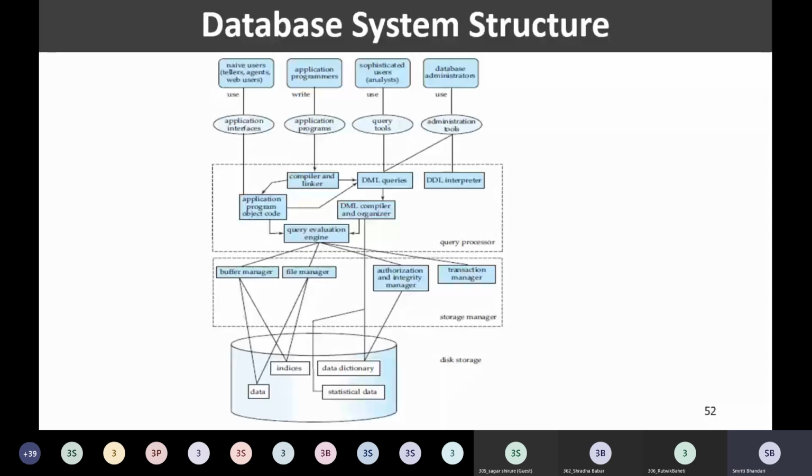So we may pictorially look at our database system structure like this. You might be visualizing various components in our database system structure.